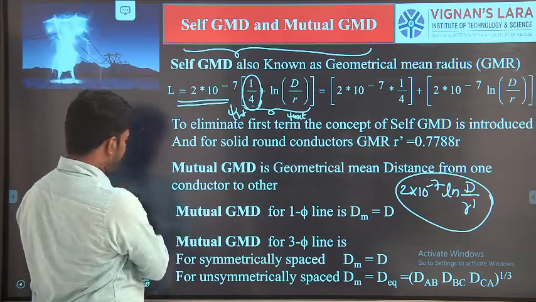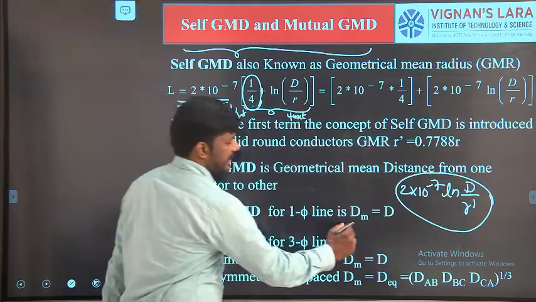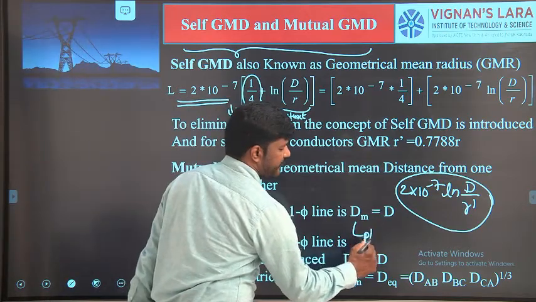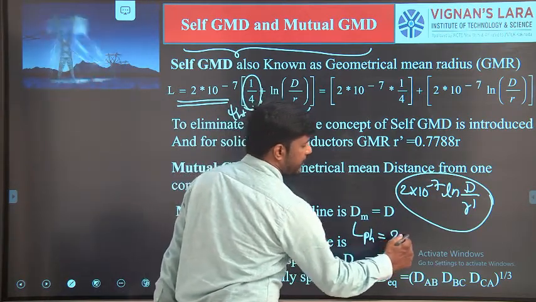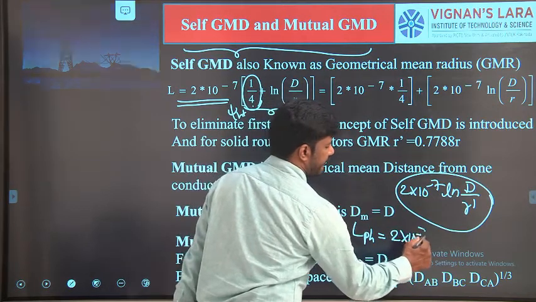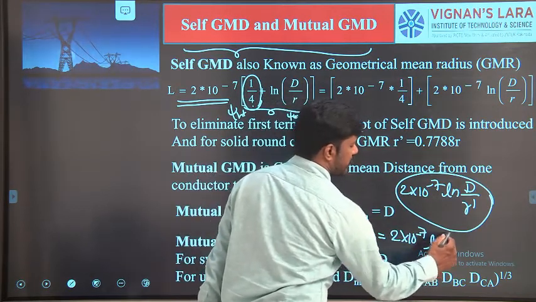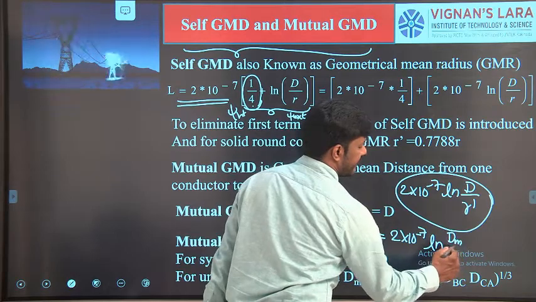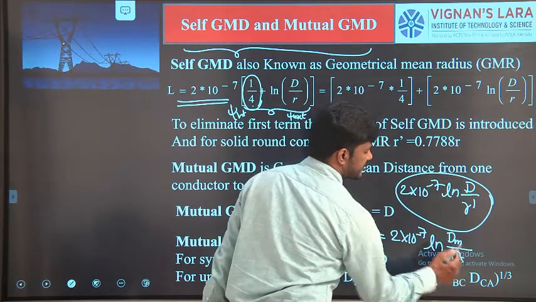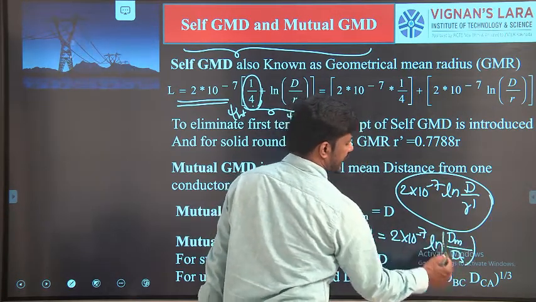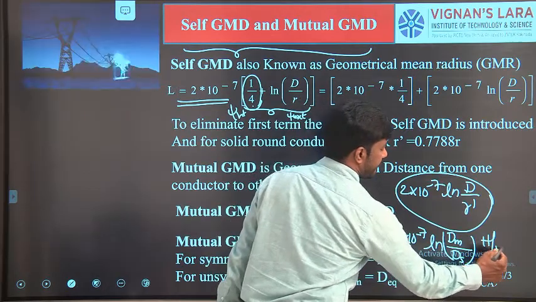L per conductor or L per phase is equal to 2 into 10 power minus 7 ln of dm divided by ds, in Henry per meter.